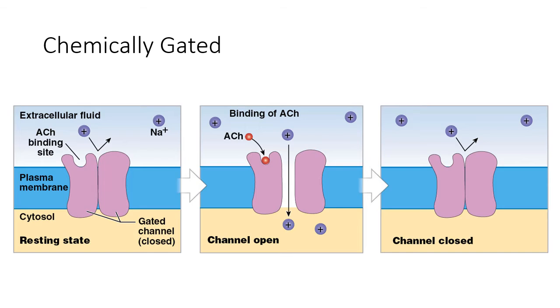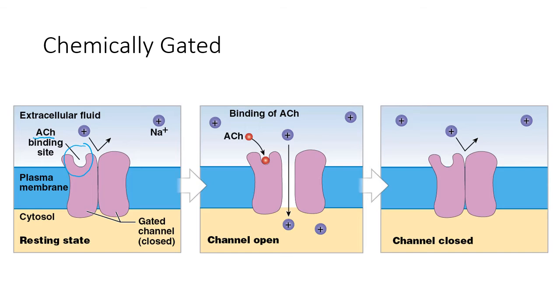Chemically gated, this is where we'll see the most of our channels. We have a particular protein channel here that has a binding site for some sort of neurotransmitter. In this particular case, it's acetylcholine. So acetylcholine is going to be our substance utilized here.